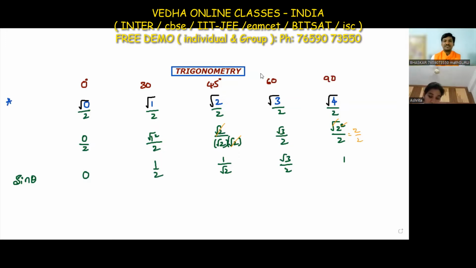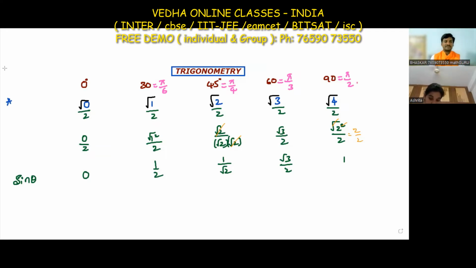These same angles we can also write as 30 degrees is pi by 6 and 45 degrees is pi by 4. What is the pi value? The value of pi is 180 degrees. 180 by 3 means we get 60, and 180 by 2 is 90 degrees.